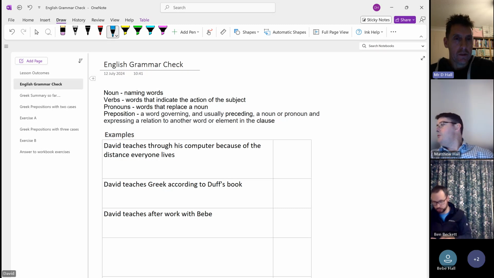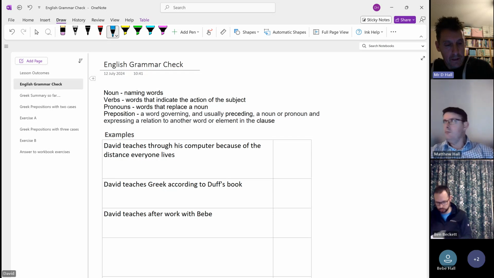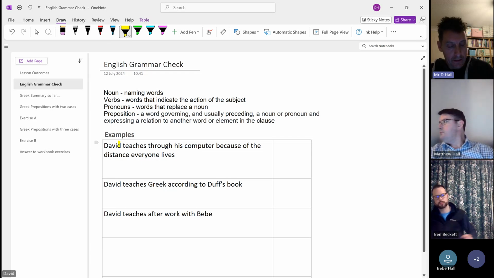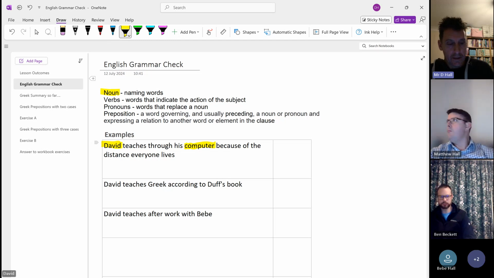Okay, so examples: David teaches through his computer because of the distance everyone lives. If we identify a few things here, David is a noun. Computer is a noun. And the distance is really functioning as a noun as well.